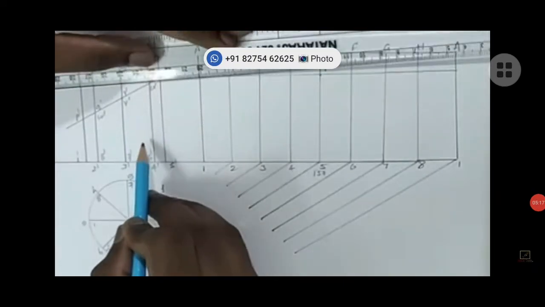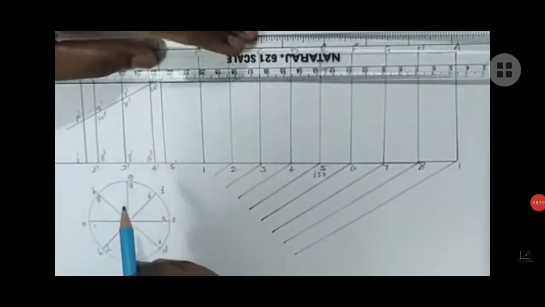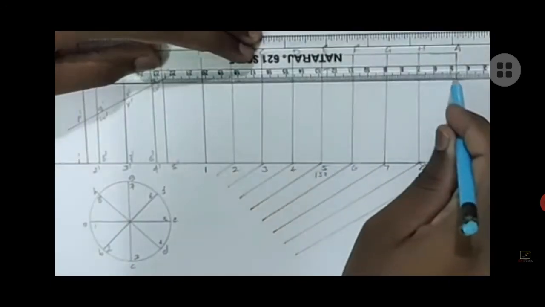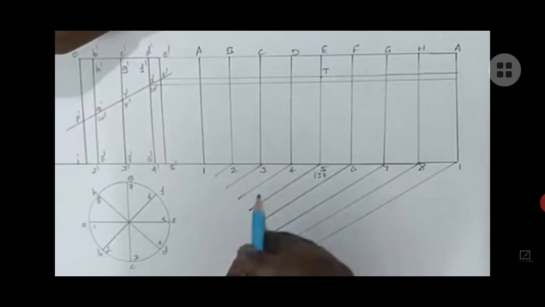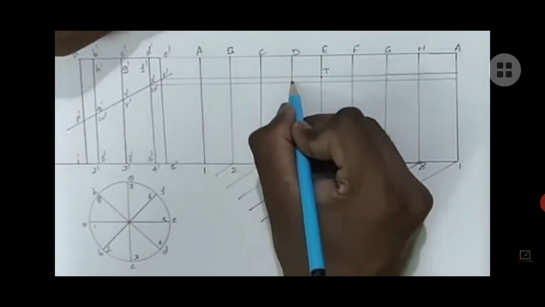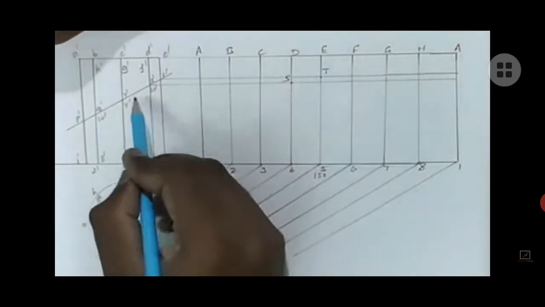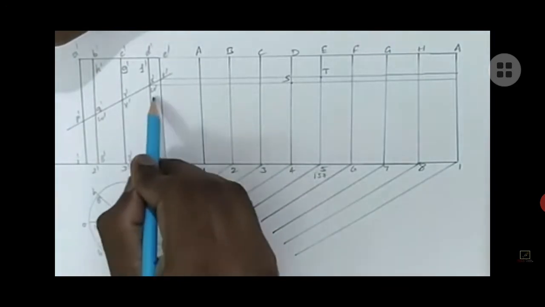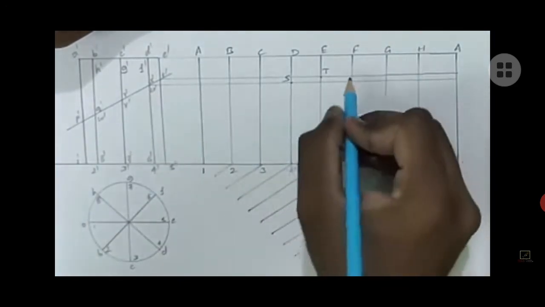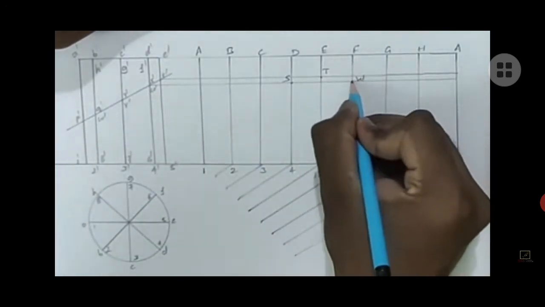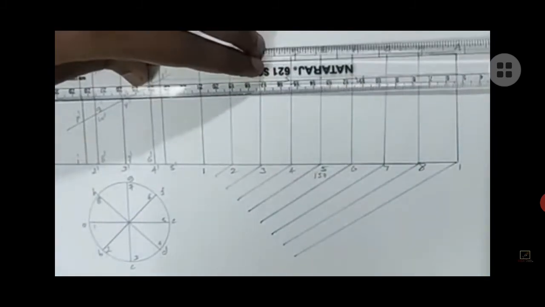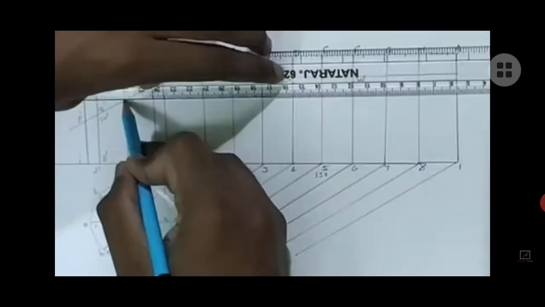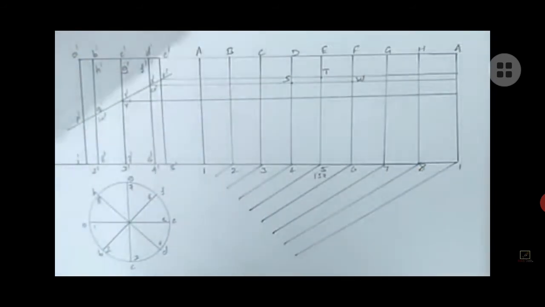Mark the second point similarly. Draw the horizontal lines and mark point D, that is D4. Similarly in 6, next F6. So S and W are on the same line.